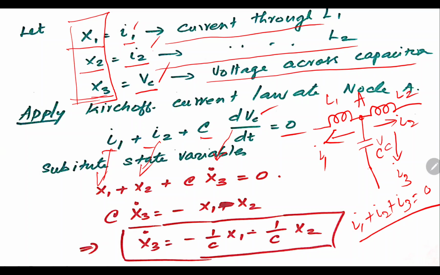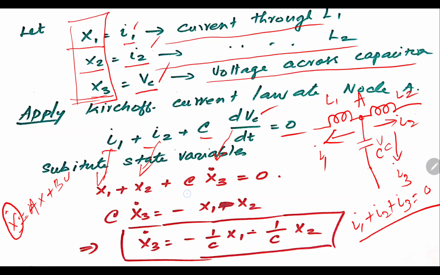In general, if you really want to form the state equation, it is x dot is equal to A into x plus B into u. So we need x dot, and then we have to form it in terms of x and u.